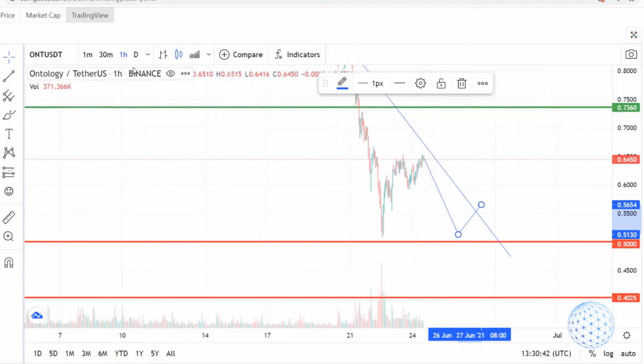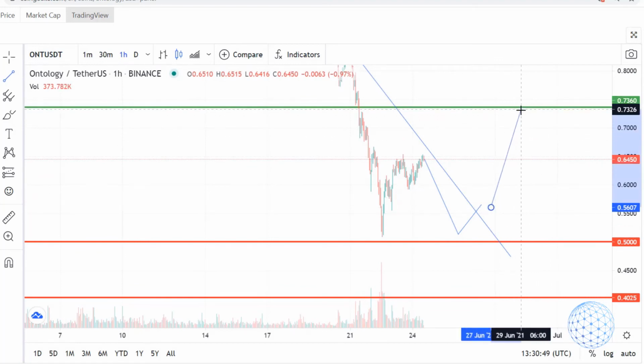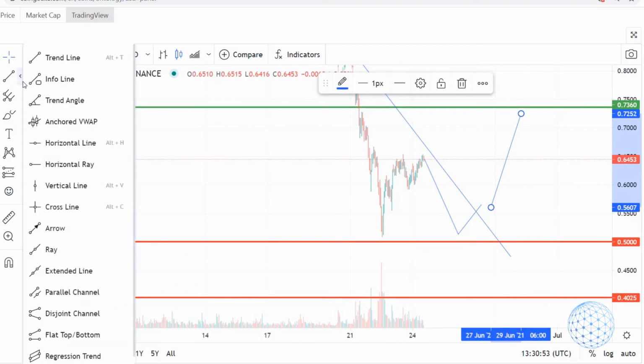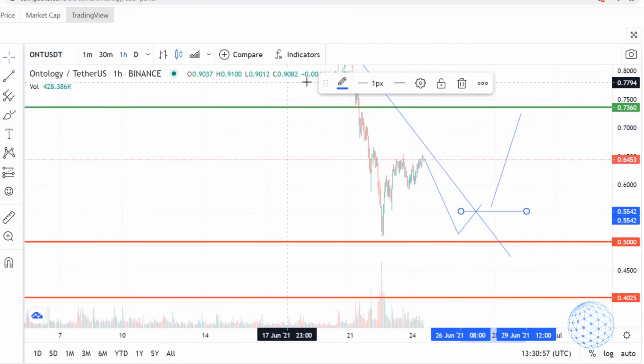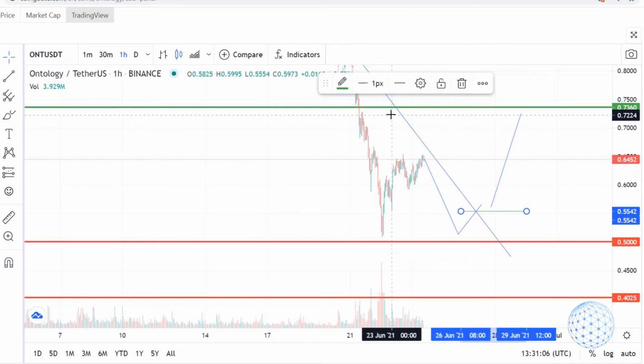And one more time, having the target of 70 cents would be a great setup. Okay, and I will put one more entry right over here to make it clear. So this is where I want to buy it. I will just make it green again because it's a buying opportunity.